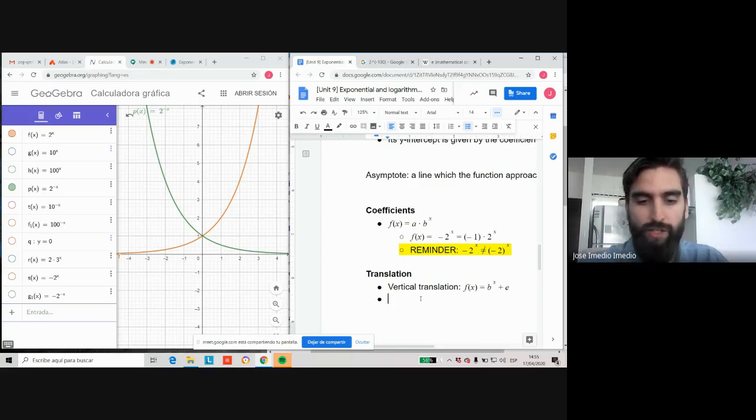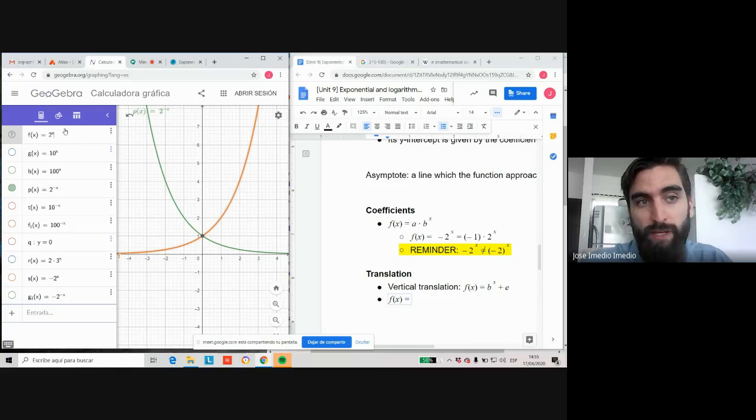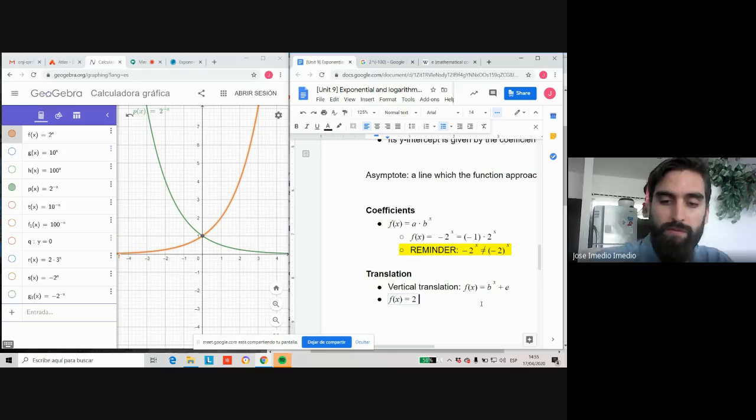So let's use an example because I know it's way easier for you guys to sit with an example instead of so many letters. So let's say, for example, this function here, 2 raised to the power of x. I'm going to translate it vertically.